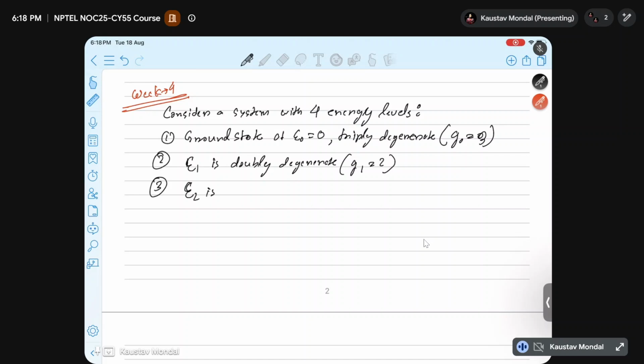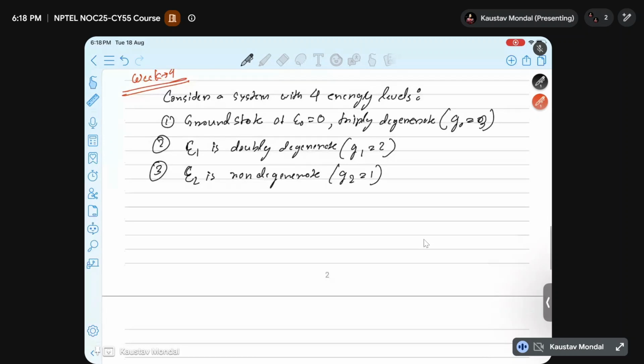So there is no degeneracy associated; the degeneracy G2 is basically 1. And the third excited state, E3, is triply degenerate. So G3 is 3.